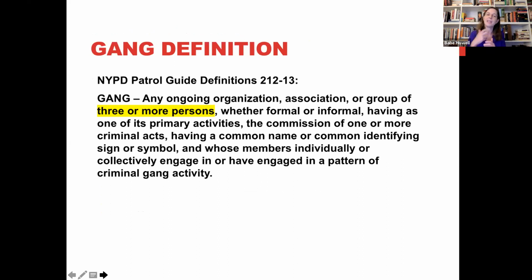But they can essentially take any group of 3 or more persons, formal or informal, and then say individuals in that group collectively or individually ever committed a crime. So they can essentially take any group of people and say that is a gang.